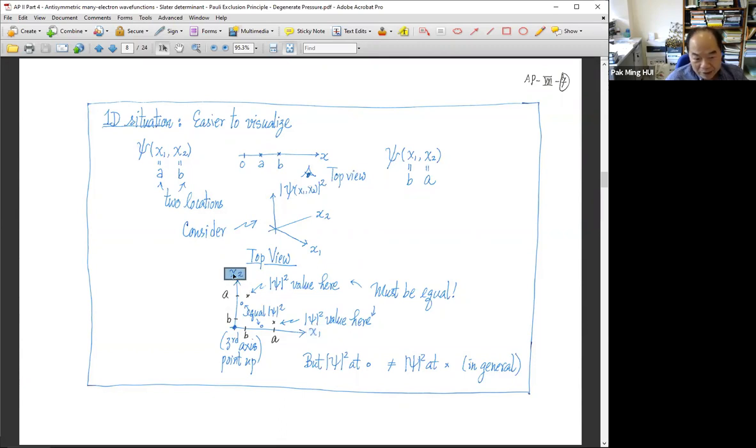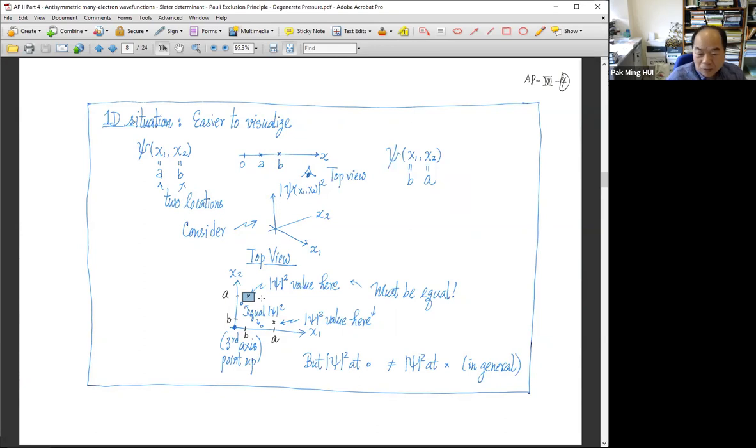Now this situation means x1 is A, x2 is B. So you see the cross there? There will be a value of phi squared there. This other situation refers to another cross.